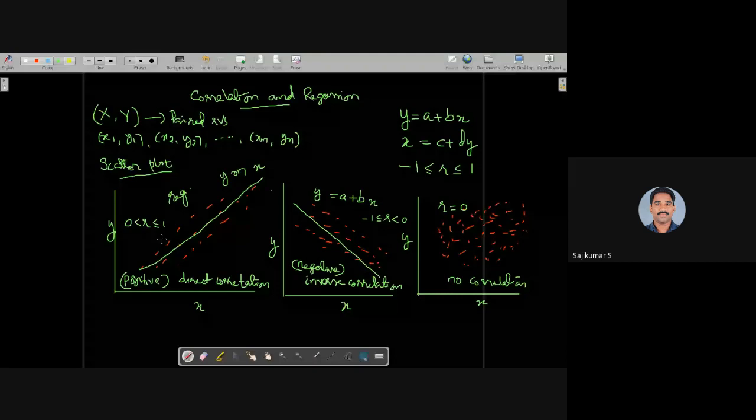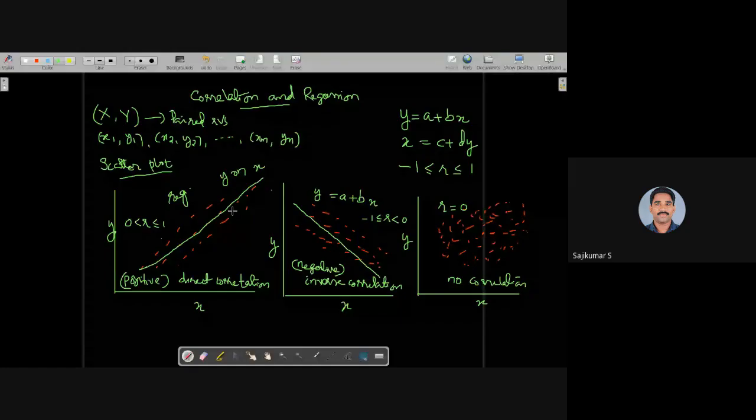See, in the first diagram, some points are outside y is equal to a plus bx. Majority of the points are clustering about the straight line. If some points are deviating from our straight line y is equal to a plus bx, or the linear relationship, we say that the correlation coefficient may be between 0 and 1, or it may be between -1 and 0.